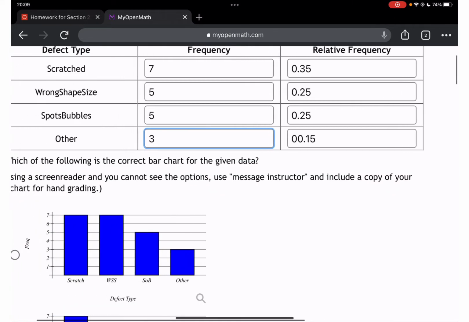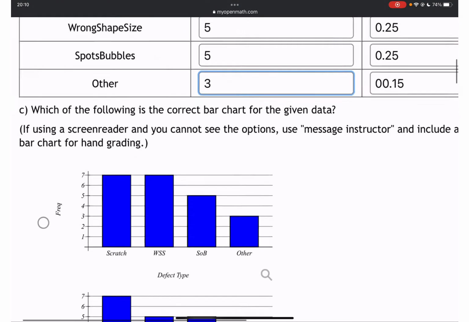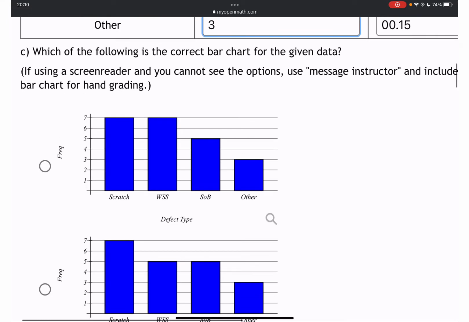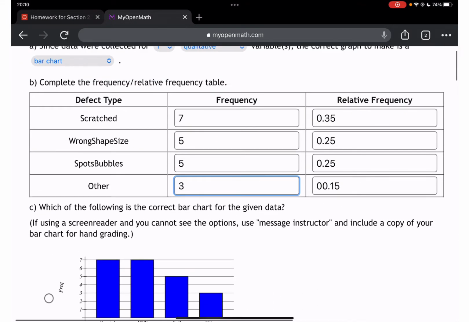Okay, we are done. Now, next thing we need to figure out which bar chart is the right one for the given data. Since the bar chart is with frequency, I'm looking at the frequency table and not the relative frequency.